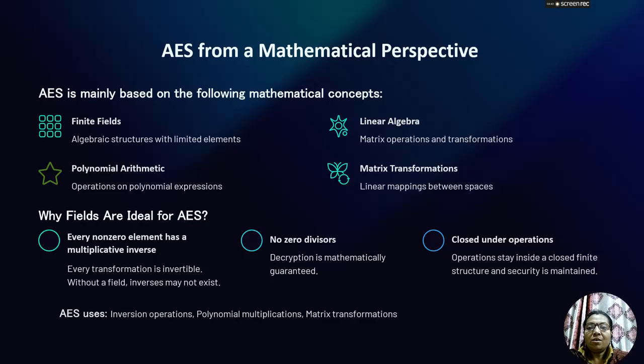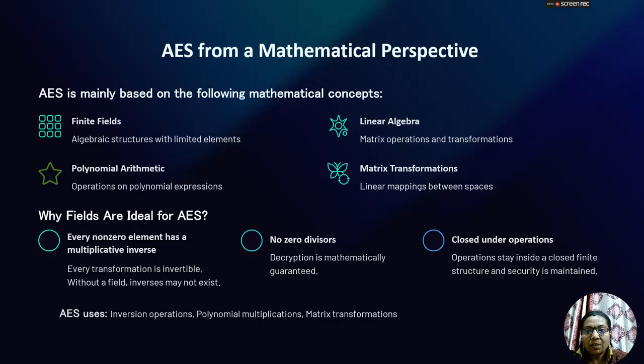Now we can see which mathematical concepts AES mainly uses. Four major concepts are used here: finite fields, linear algebra, polynomial arithmetic, and matrix transformations. Finite fields are algebraic structures with a limited number of elements. Linear algebra covers matrix operations and transformations.